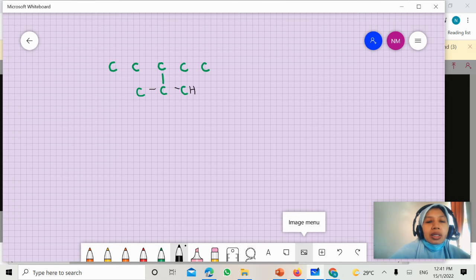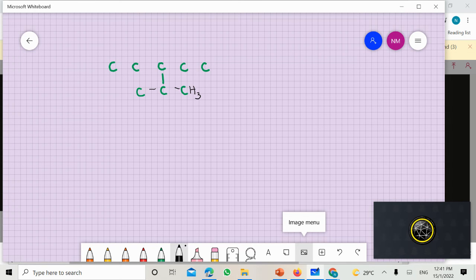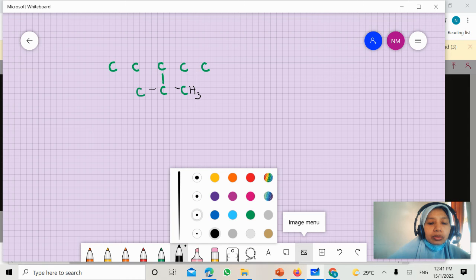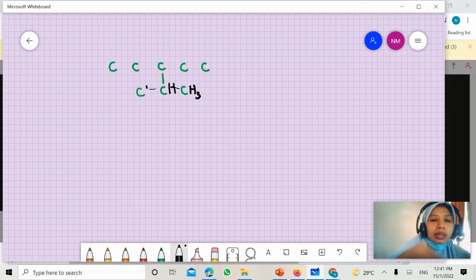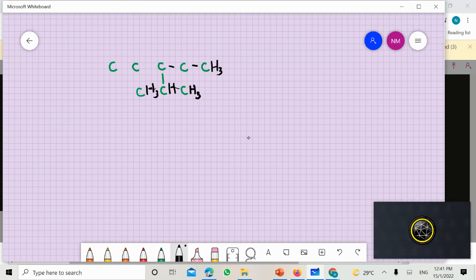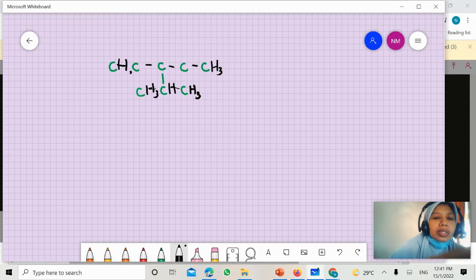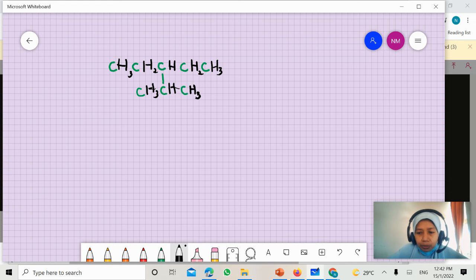Here we have CH3, and then 1, 2, 3 bonds, hence we have 1 H only here, and CH3 here. Similarly, do the same thing for all carbons: CH3, CH2, CH, and CH2.